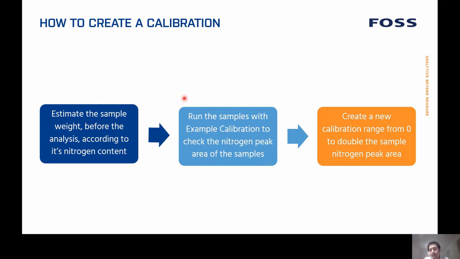And you will get the nitrogen peak area, then you can start to create your own calibration range. It usually starts from 0 to double the nitrogen peak area you get in the second step. So you always ensure the nitrogen you want to measure is in the median, the middle of the calibration curve.